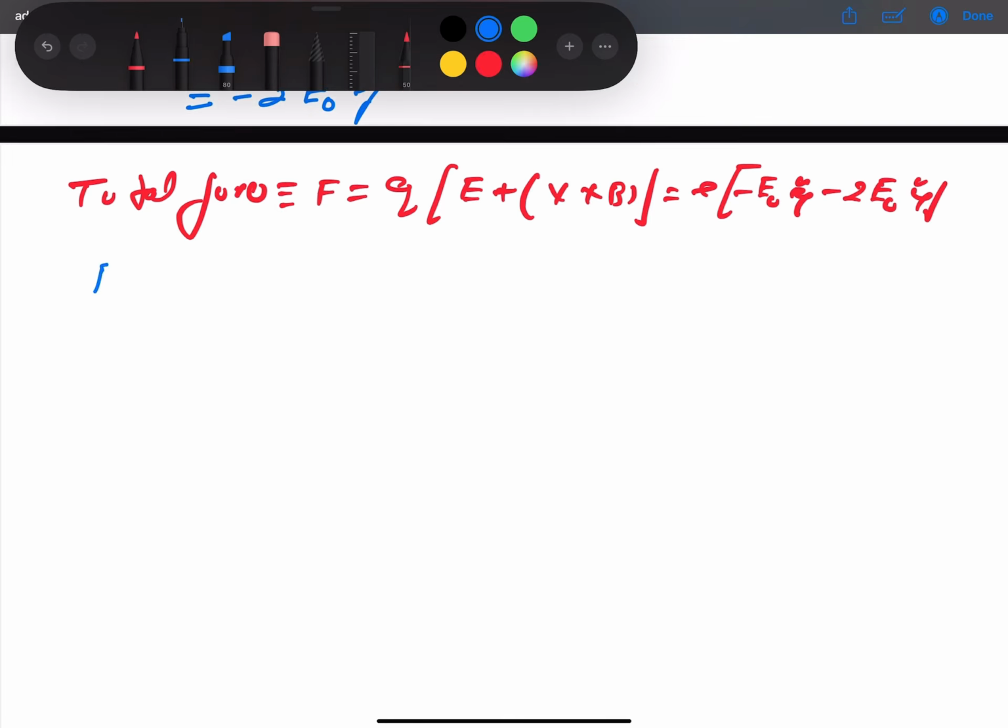So the force F will be equal to minus 3 E E naught Y unit vector.